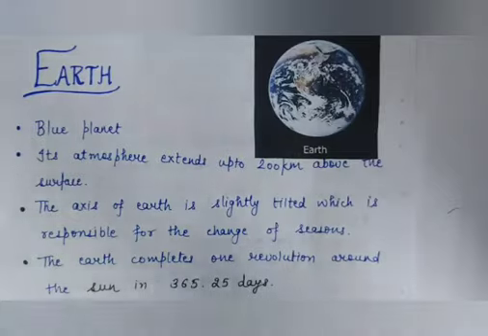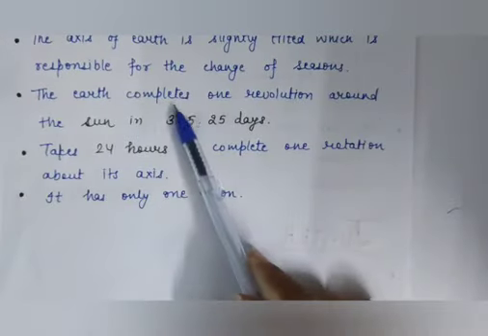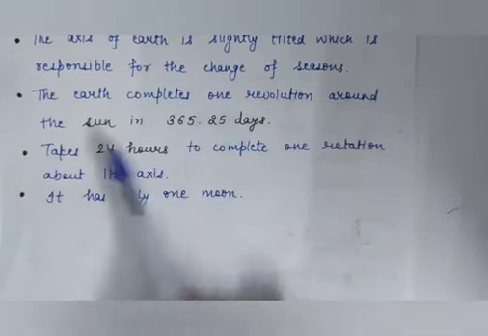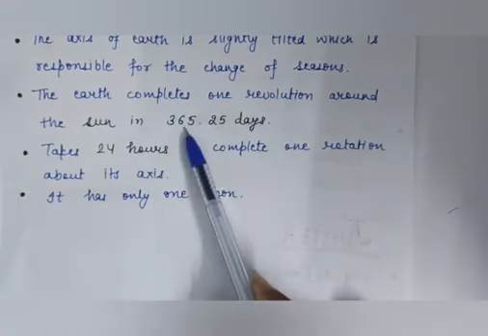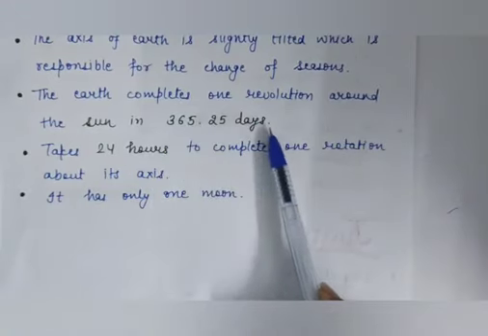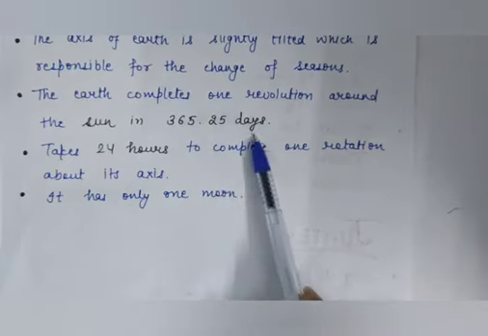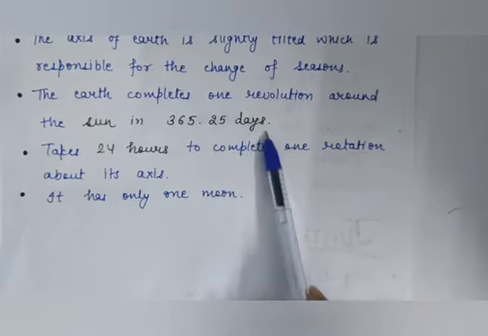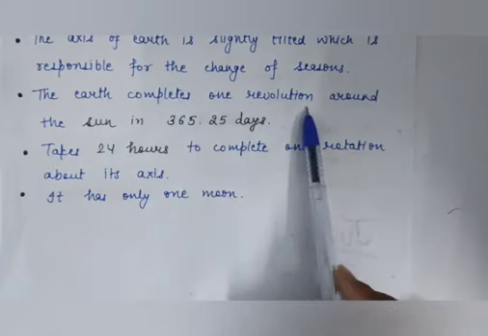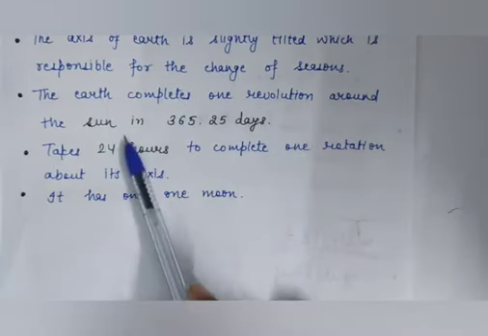The Earth completes one revolution around the sun in 365.25 days. That's why in 1 year there are 365 days.